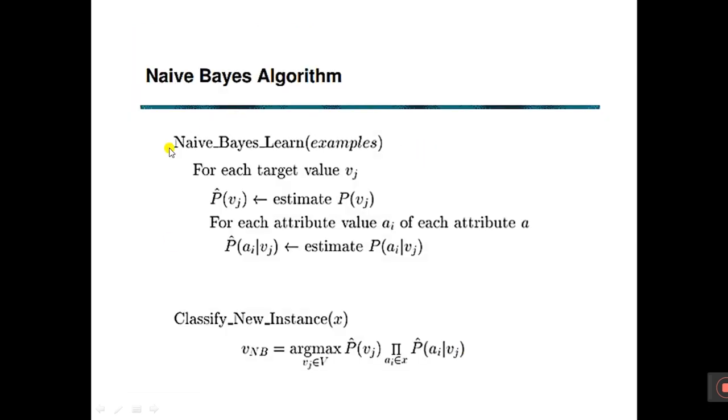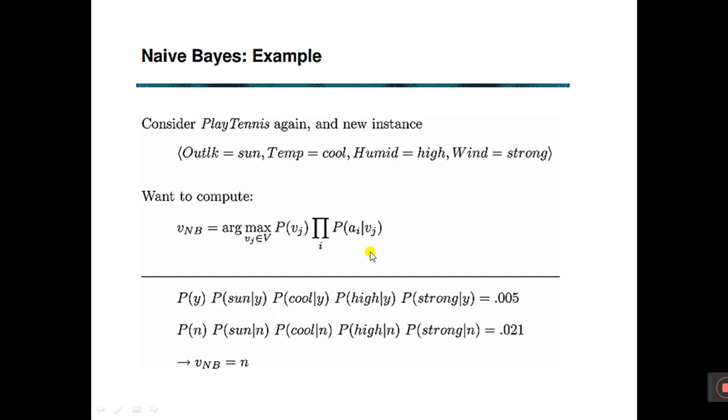Similarly, for each target value vj, they estimate the probability of vj and calculate the argmax function. In the textbook example, they take an instance where outlook is sunny, temperature is cool, humidity is high, wind is strong. Based on these four properties, they compute the probability of whether to play tennis or not.